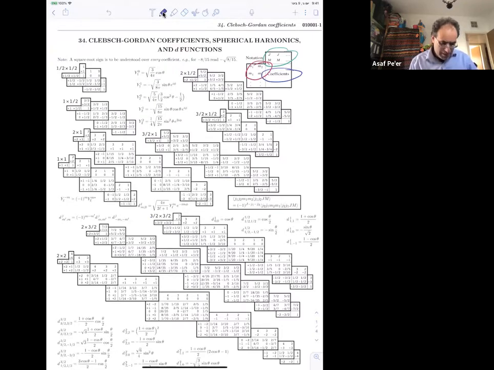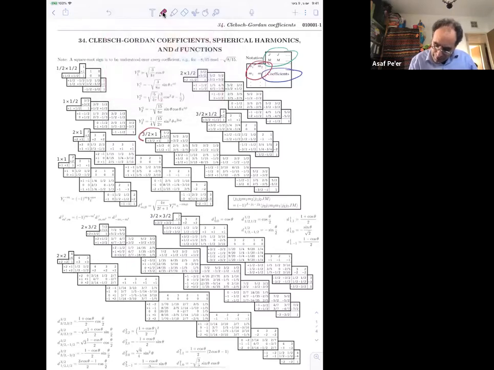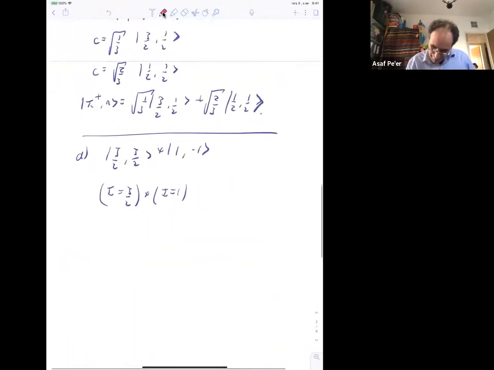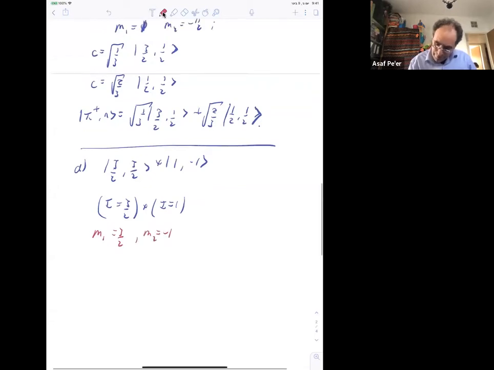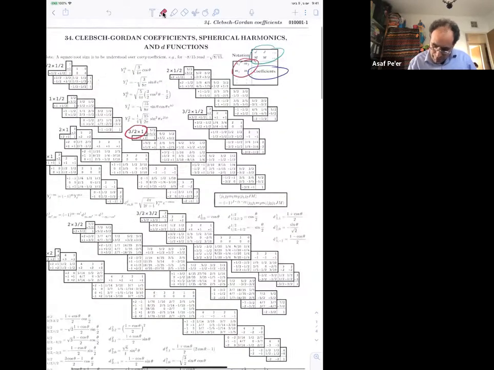So 3/2 times 1. It's this table here that we care about. All right, and then we said that M1 is 3/2 and M2 is minus 1.